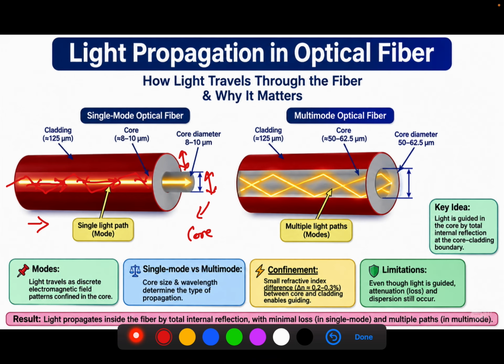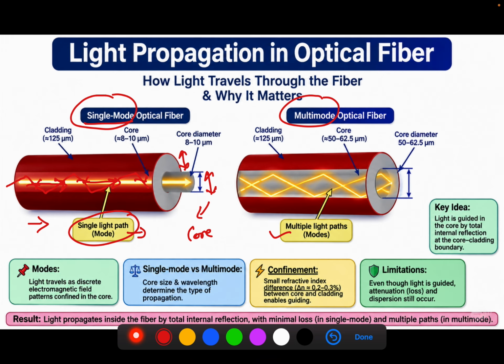Based on that property, we have two types of fiber that you can see here. One where only one path is available for the light is called a single mode fiber. The other type, where multiple light paths are available, is known as a multi-mode fiber. These are also differentiated using the core size and the clad.